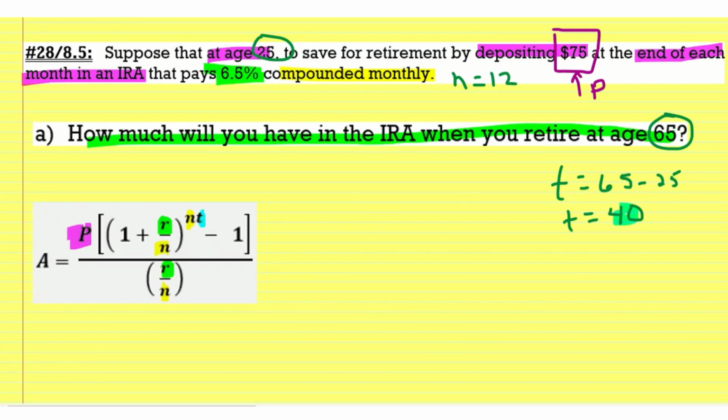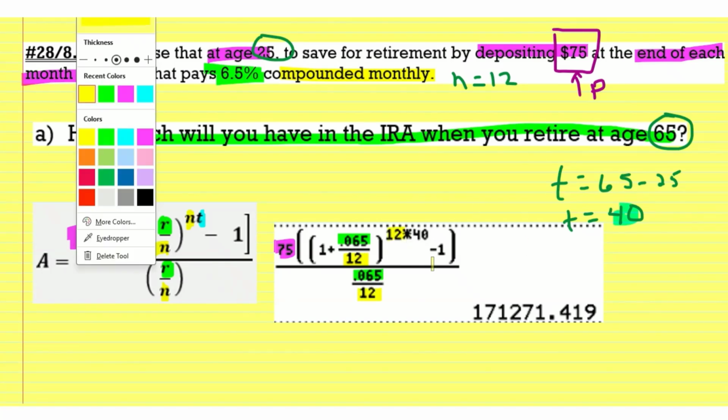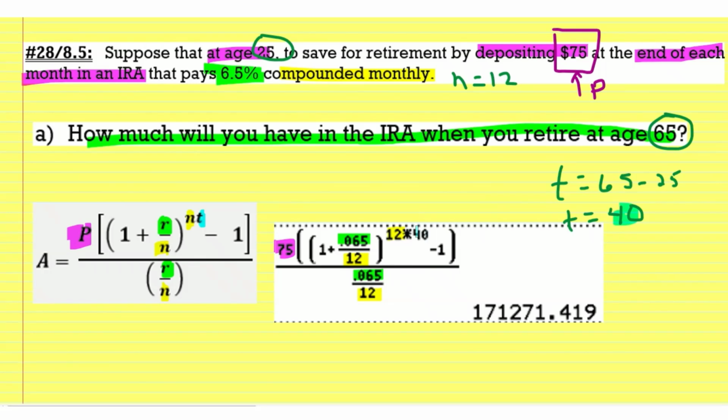Our regular monthly payment is $75. Our interest rate is 0.065. Our number of compounding periods is monthly, that's 12, 12, and 12. And our time is going to be the 40 years.